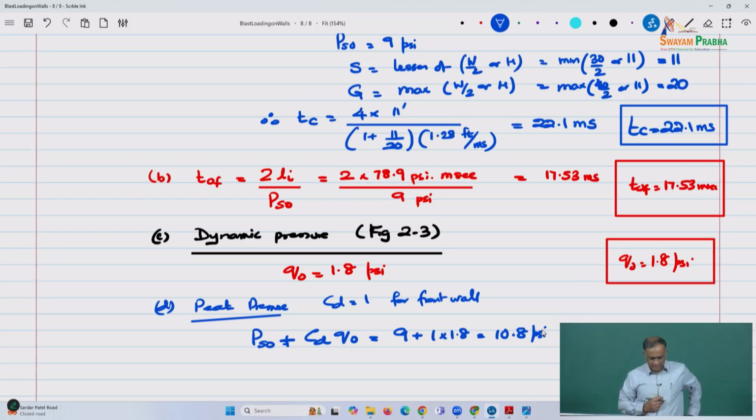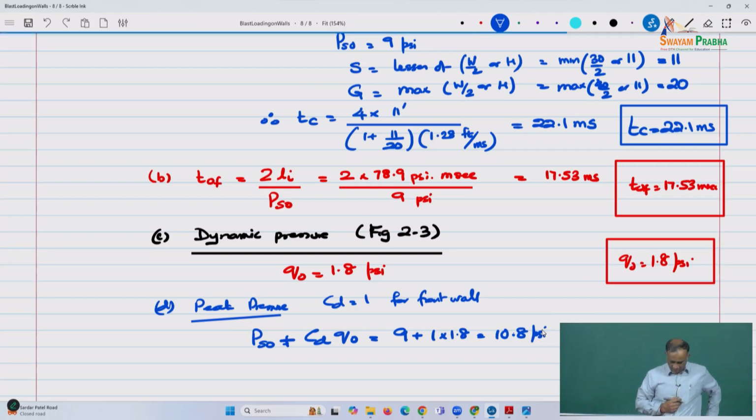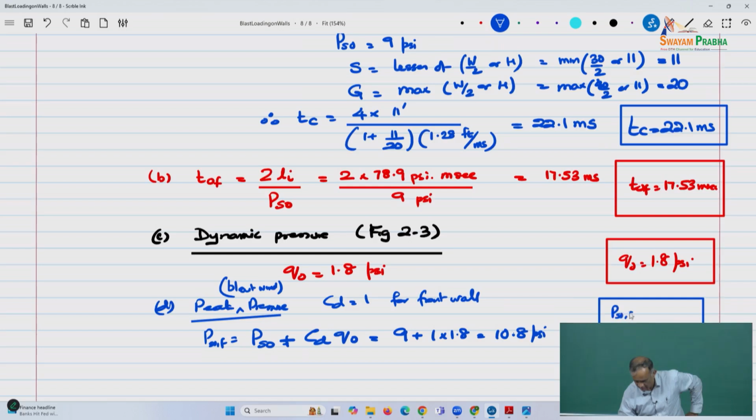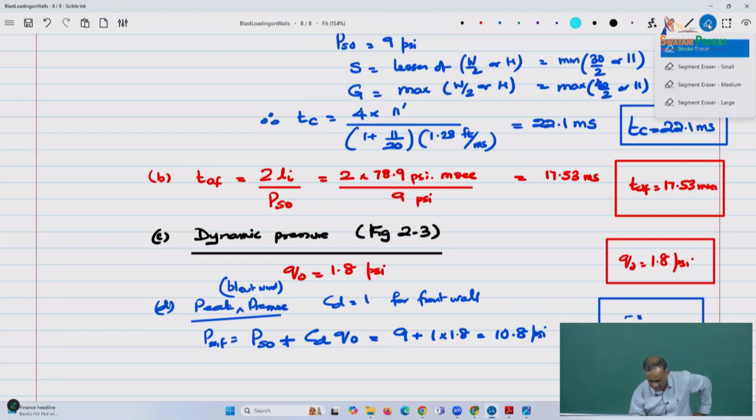So this is the peak blast wind pressure. We'll see where this comes into play. Let's call this PSOF. Or I don't think that's an appropriate terminology because this is more related to Q. I'm trying to make up a terminology here.